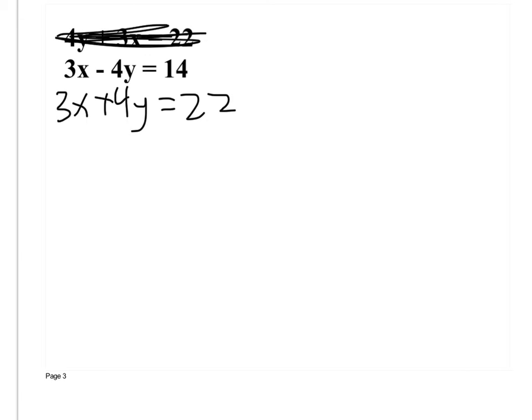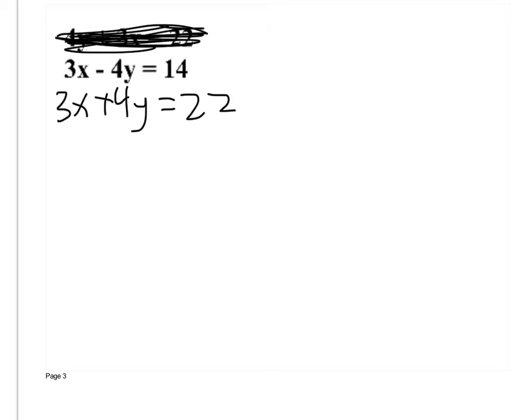So I don't need this one. I have everything I need now, right? You just change their spot? Yes, that's all you do. Because if you were to try and do 4y plus 3x, would that make any sense? No. So you line up the variables over each other.